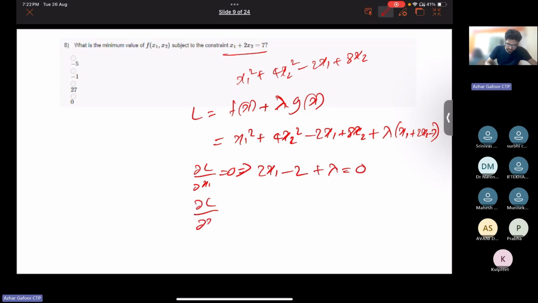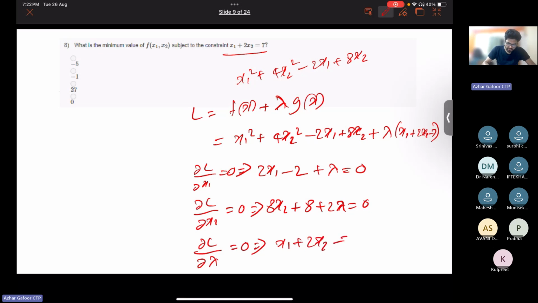Then ∂L/∂x2 = 0 implies 8x2 plus 8 plus 2 lambda is equal to 0. Now using these equations and the constraint, let's say we take the derivative with respect to lambda also and equal to 0, which implies we get x1 plus 2x2 minus 7 is equal to 0.